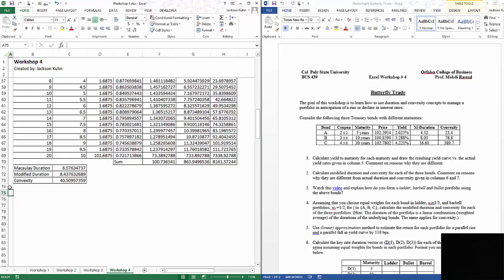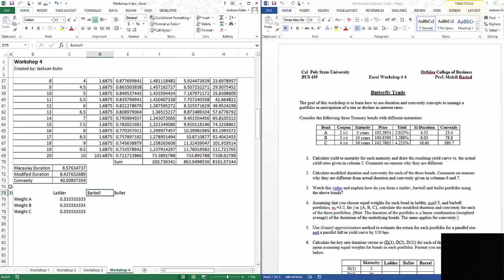So what we're going to do here is we're going to create a table. For our rows, we'll have weight in A, weight in B, and then weight in C. We will have then ladder, barbell, and bullet. So our ladder will be 1/3 for each of these bonds.